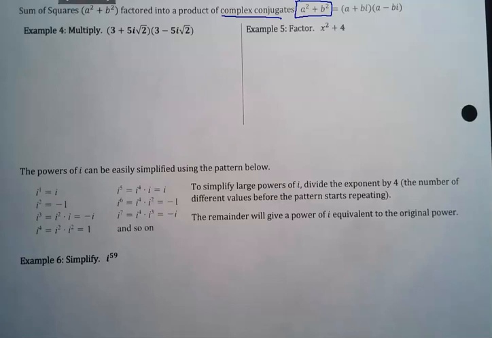All right, so 3 times 3, the first would be 9. Outside, 3 times a negative 5i, right, is going to be negative 15i times the square root of 2.